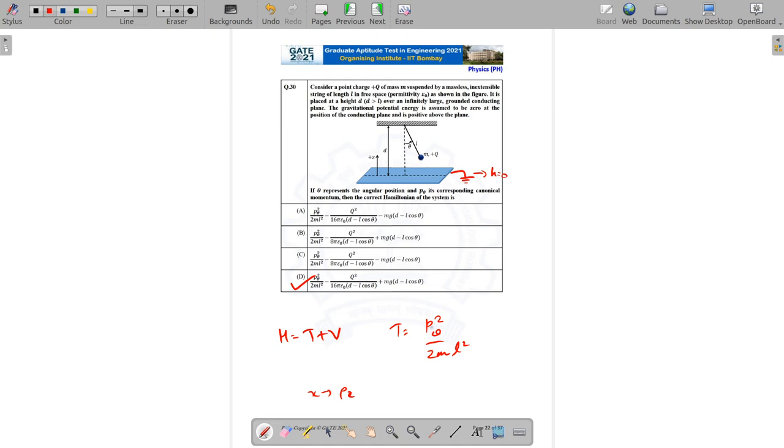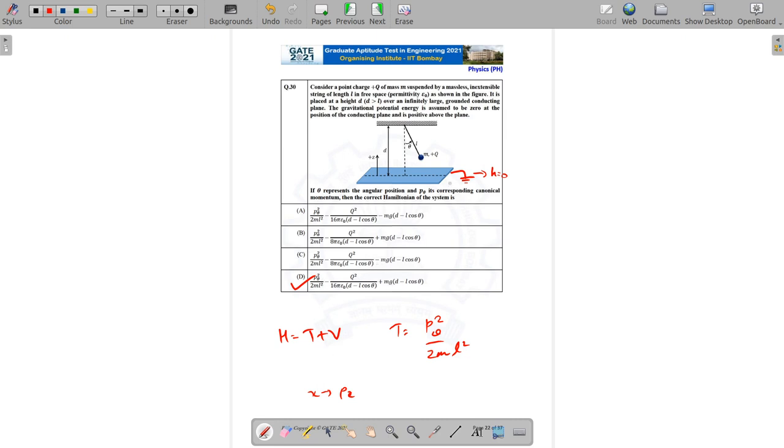So here also, if you think about the dimension matching, p theta will be like some rate of change of theta. Unless you put an L square, there's a dimensional ambiguity there. So p theta square by 2m L square is the angular part of kinetic energy.